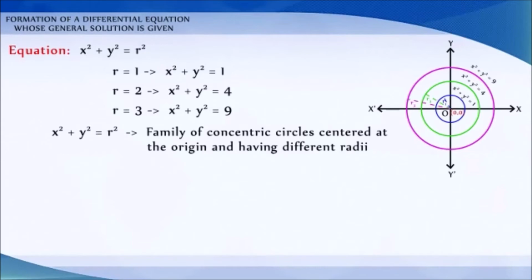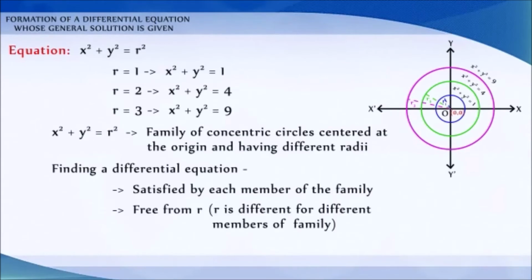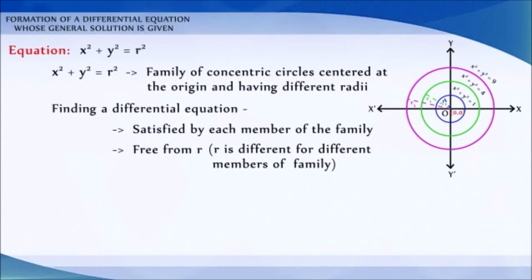Now, we have to find a differential equation that is satisfied by each member of the family. The differential equation must be free from r because r is different for different members of the family. Therefore, the differential equation is obtained by differentiating the equation x² + y² = r² with respect to x.